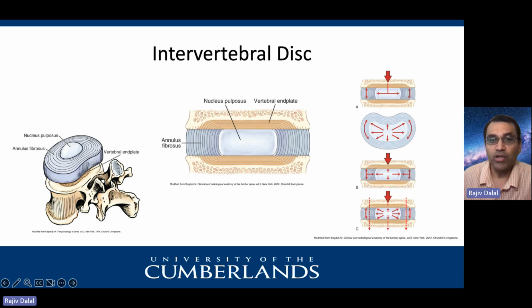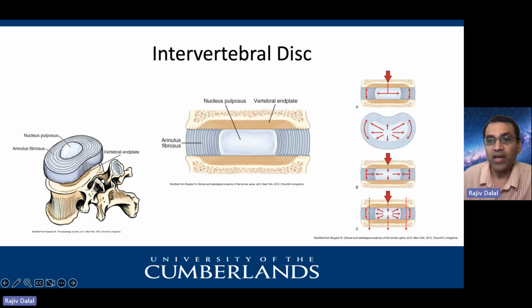And when you do see a projection that way, you may see it on imaging. However, if a patient does present with that projection into the vertebral end plate, it is referred to as a Schmorl's node, and that can be symptomatic as well and cause pain in the referral patterns of these discs.